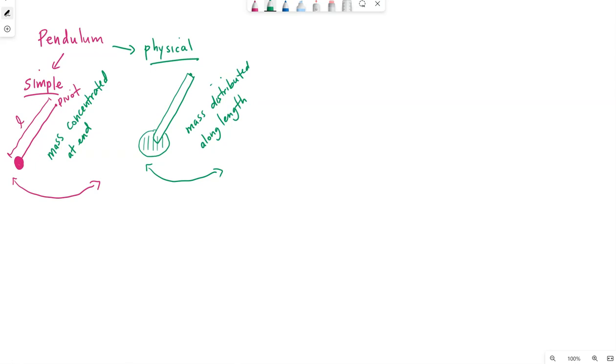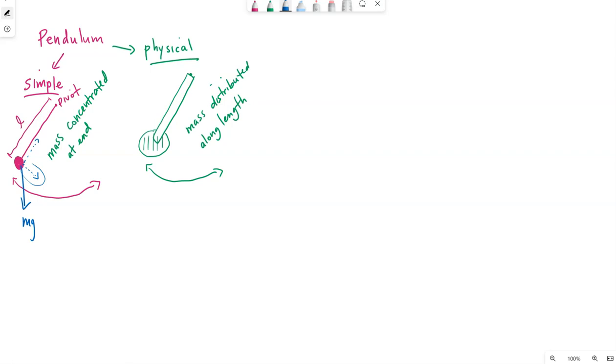We know the force of gravity is acting straight downwards. It has a component that points directly towards the center and a component that points tangent to the motion. And it's this component that's tangent to the motion that is directly involved in the oscillations.